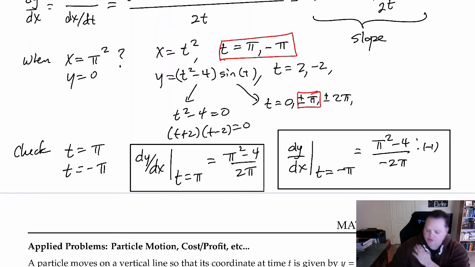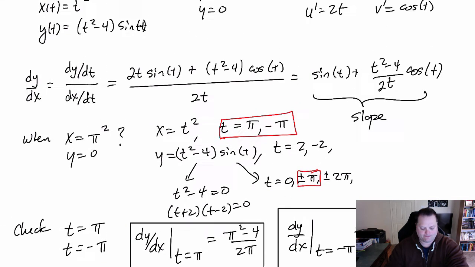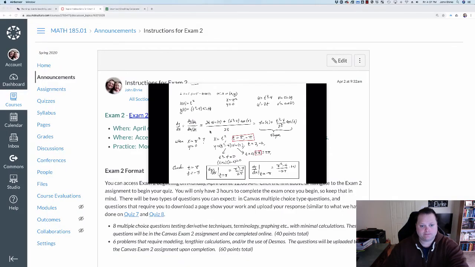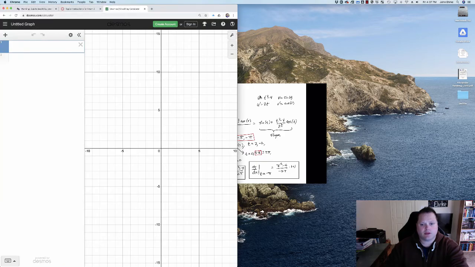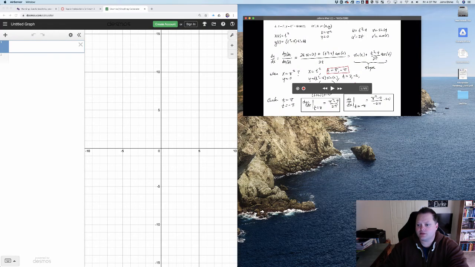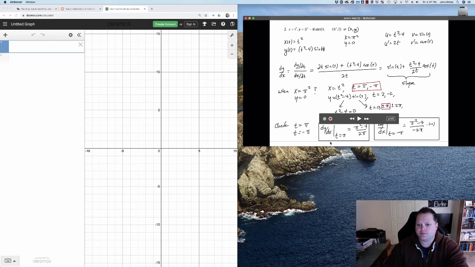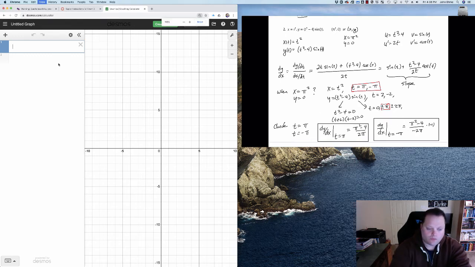I think this is easier to stomach if you actually see it in Desmos. So let me pull this up in Desmos real quick. We'll bring that to one side and this to one side so we can look back at it. All right, so in Desmos, the way you do parametric equations is you list them as a coordinate.